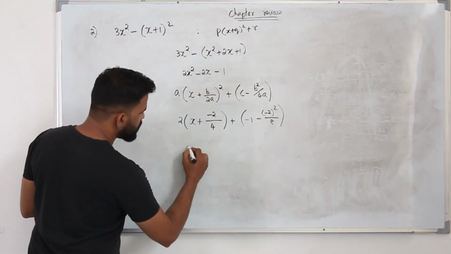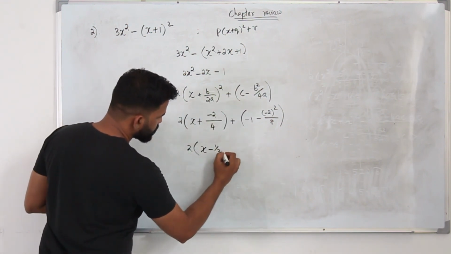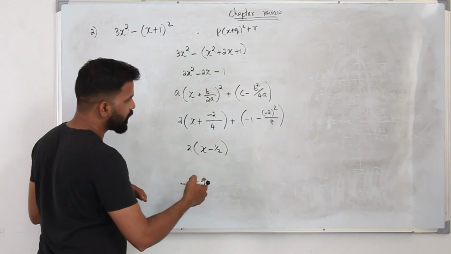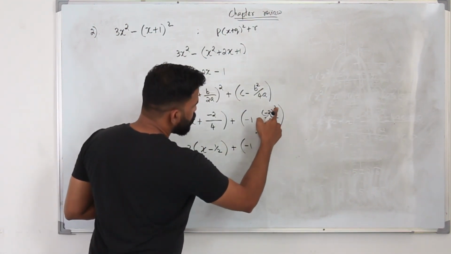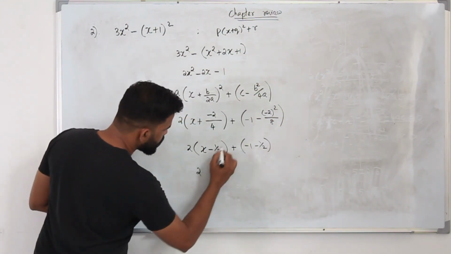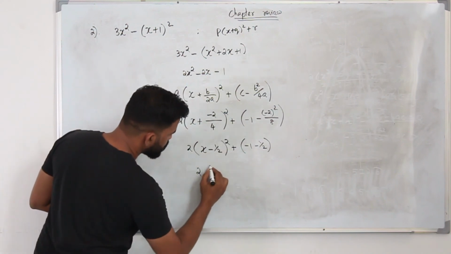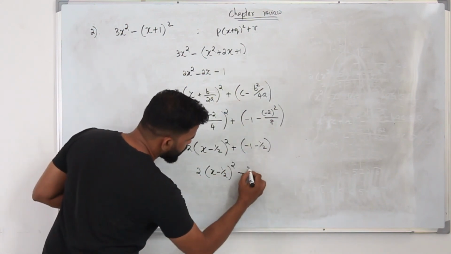And just simplify this. X minus half, 2 and 4 can be cancelled. Here you will have minus 1, 4 upon 8 is 1 upon 2, which is 2 into, sorry I missed out the square, 2 into (x minus half) whole square minus 3 by 2.